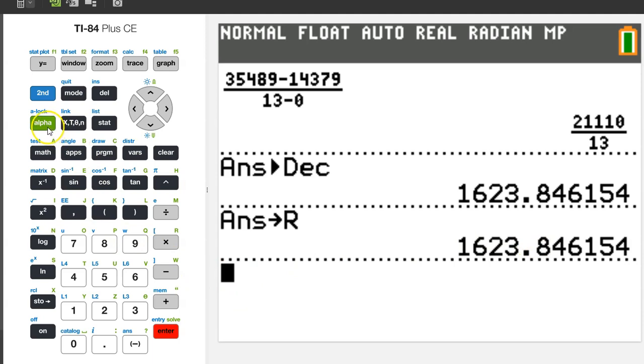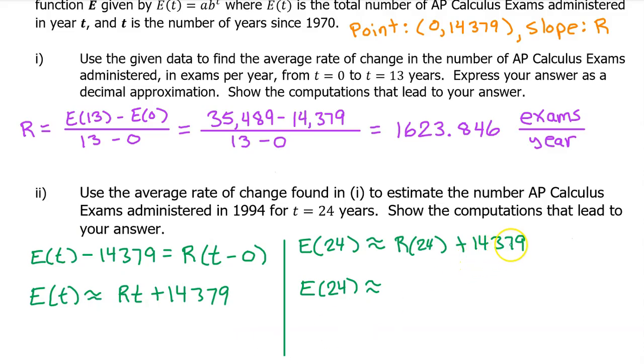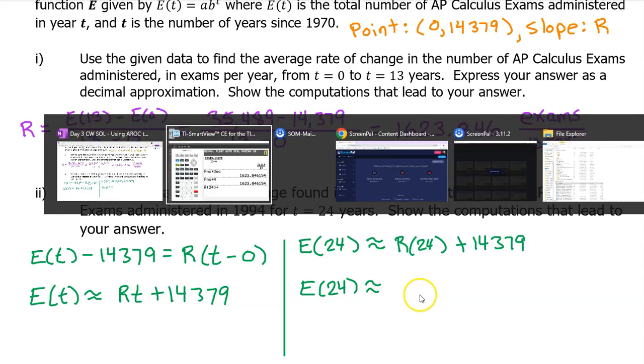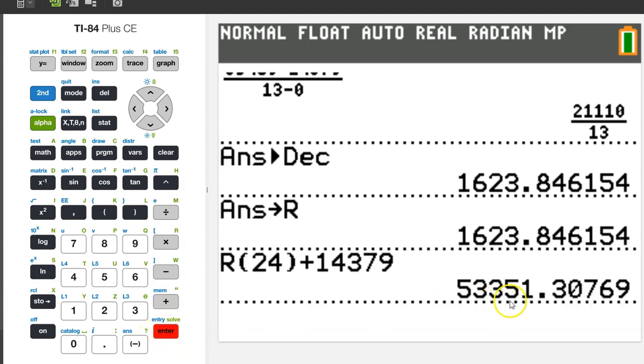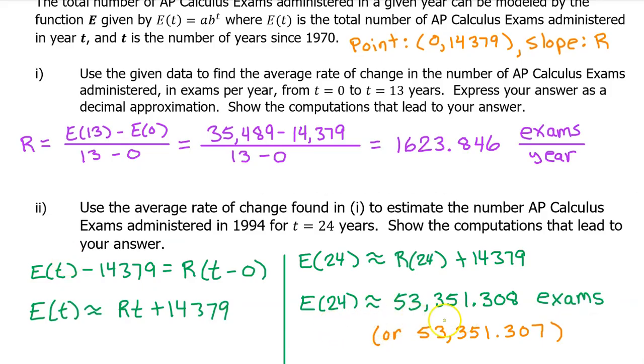So this is going to be alpha R times 24 plus, what was it? 14,379. Kabam! 53,351.307 if you truncate, or 0.308 if you round. And that's it for example 5.